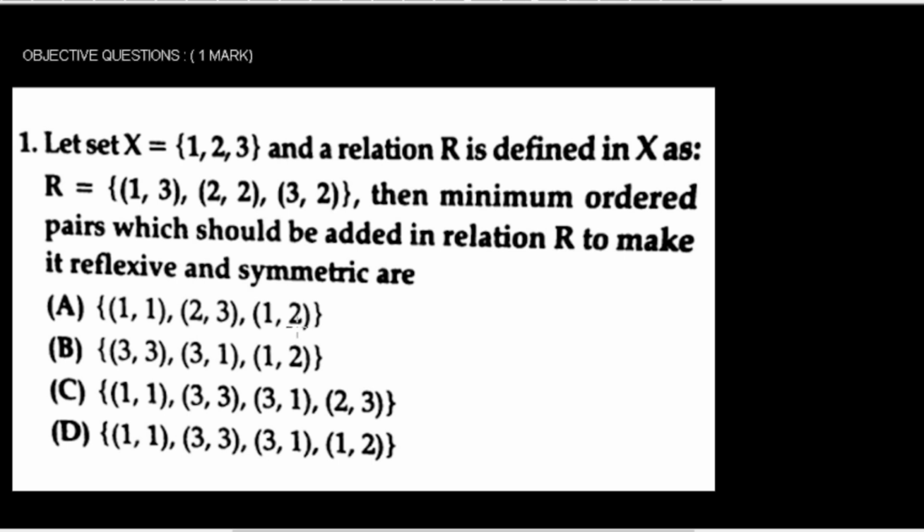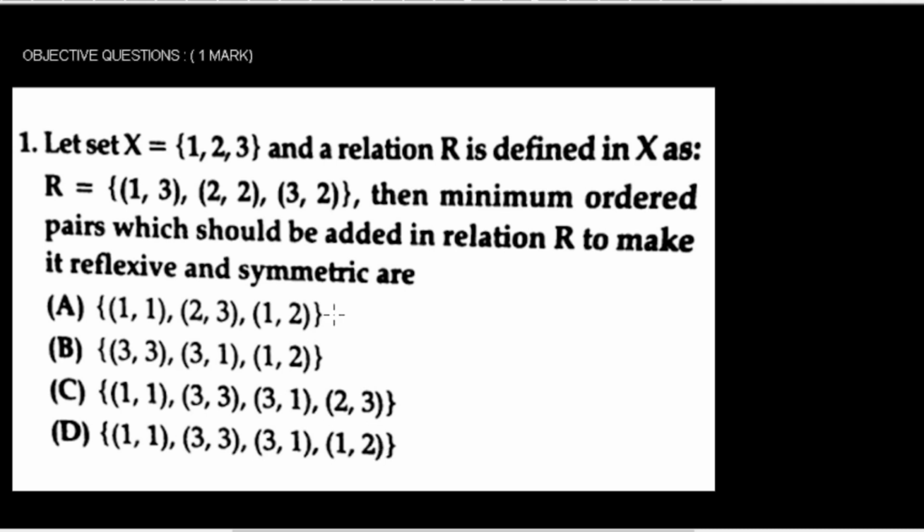Option B is (3, 3), (3, 1), (1, 2). Option C is (1, 1), (3, 3), (3, 1), (2, 3). Option D is (1, 1), (3, 3), (3, 1), (1, 2).